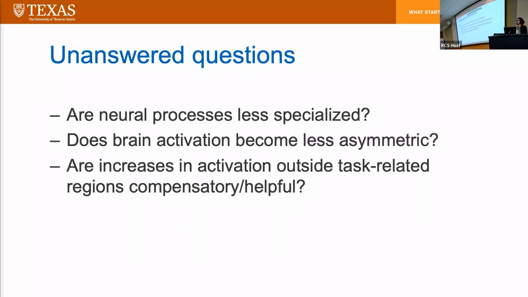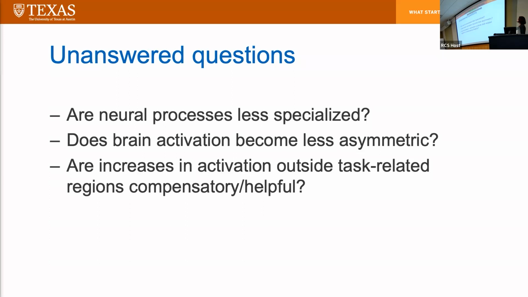Maybe neural processes are becoming less specialized, and you're just using more parts of your brain as you age to perform at the same level that you used to when your brain was younger. Maybe the brain is becoming less asymmetric, and you're more likely to use both sides of your brain instead of just one side to perform a certain task.